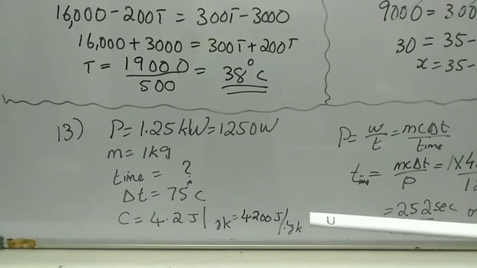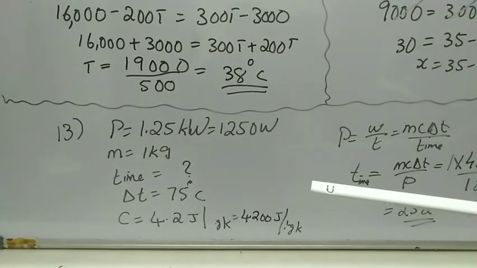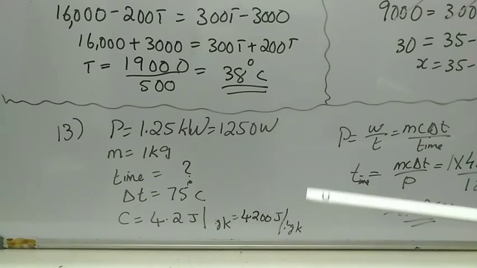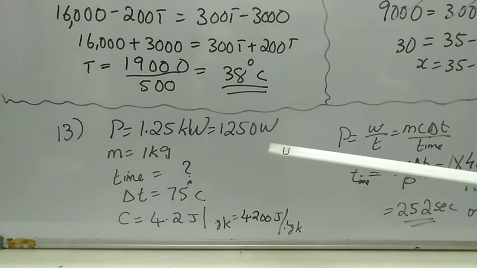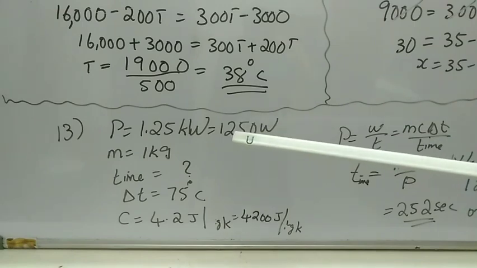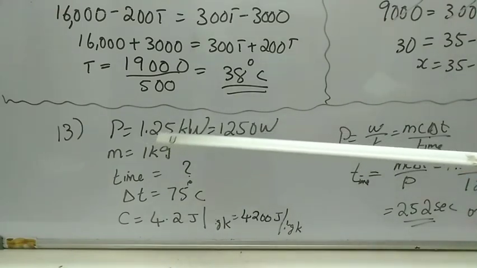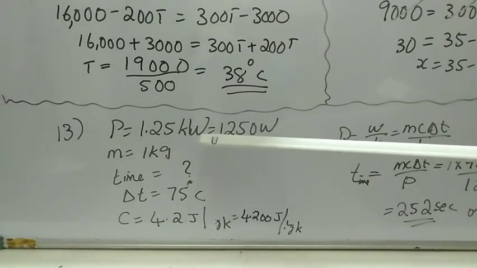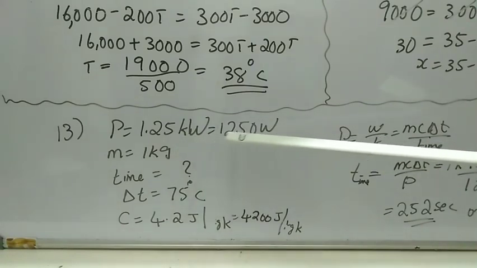Last question, question number 13. 1 kilogram of water is contained in a 1.25 kilowatt kettle. So kilowatt is the unit of power. So from there you have to write power is 1.25 kilowatt. Since kilowatt is not the SI unit, we have to convert it to watt. Kilo means 1000. 1.25 into 1000 you will get 1250 watt.